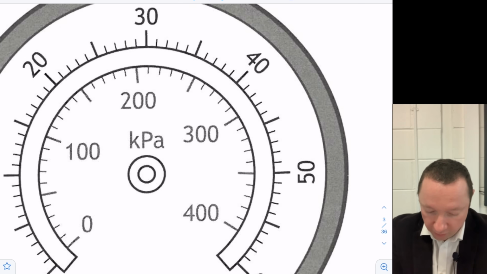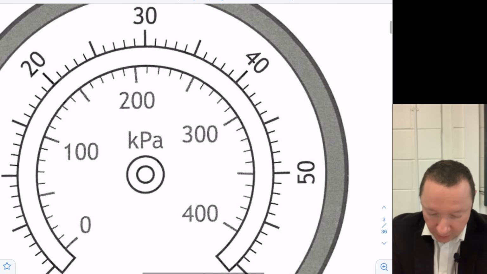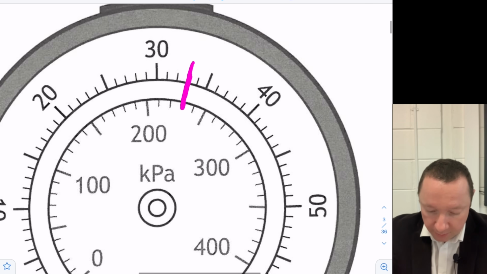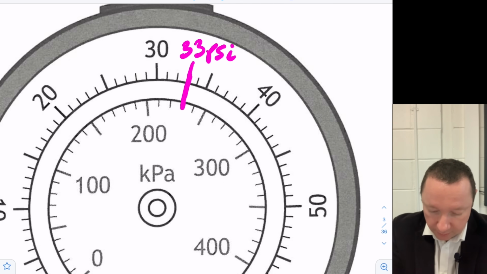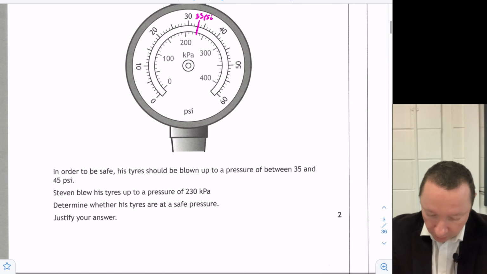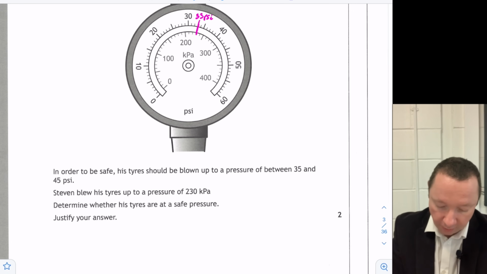So let's find 230 on this diagram. Well, that's here. Lining that up to here is where it is on PSI, and that's 31, 32, 33. 33 PSI. It has to be between 35 and 45.